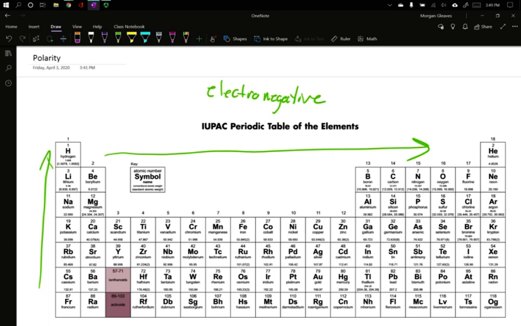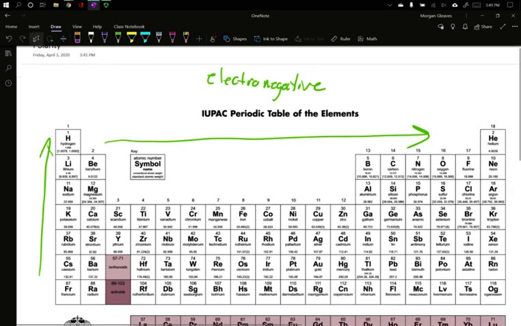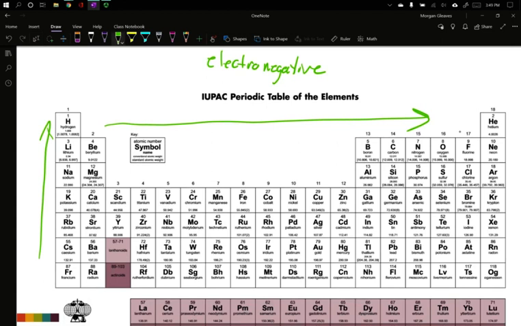Now you can look up electronegativity tables. Wikipedia has them. It'll give you values like fluorine at 4.0. Oxygen, 3.5. Nitrogen at 3.0. Carbon, about 2.5. And if you go down, chlorine would be about 3.2. Bromine, about 2.5. You could find some reasonable values.